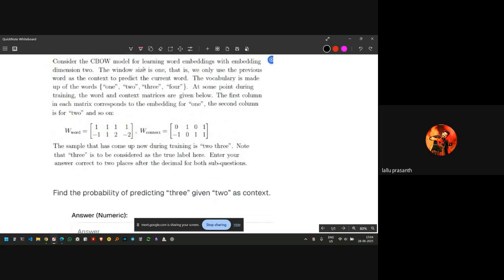Okay. So if we remember the slides, we want the probability of 3 given 2, right? So given 2 is this one, 3 is this one. So we have to do a dot product.